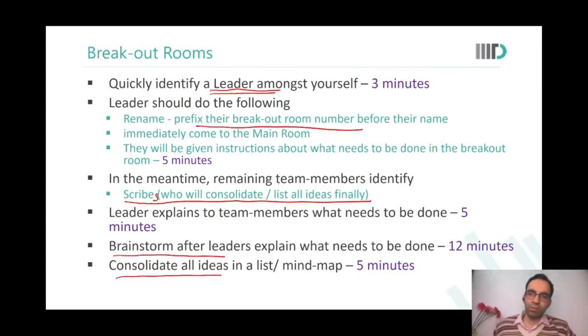So Sanskar, rename yourself as 4_Sanskar. Amir, can you please go to the rooms and insist that room number 3, 8, 10 also send their leaders back? Sure, so 3, 8, 10.